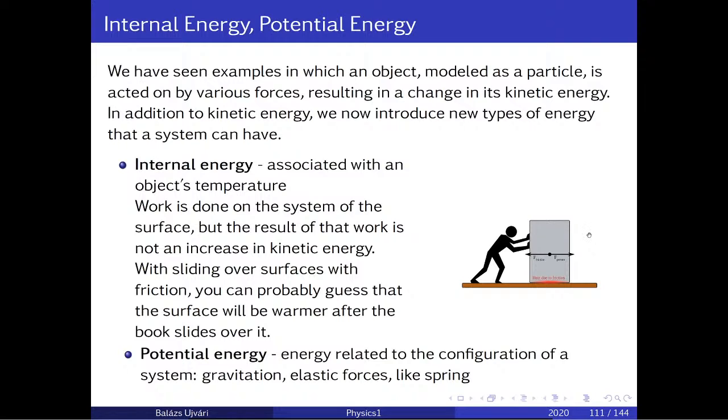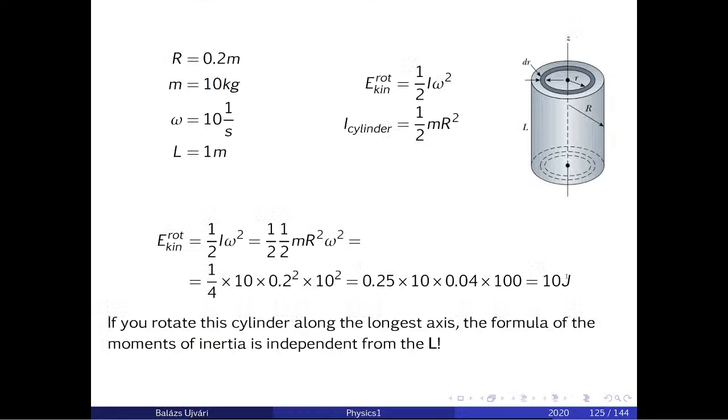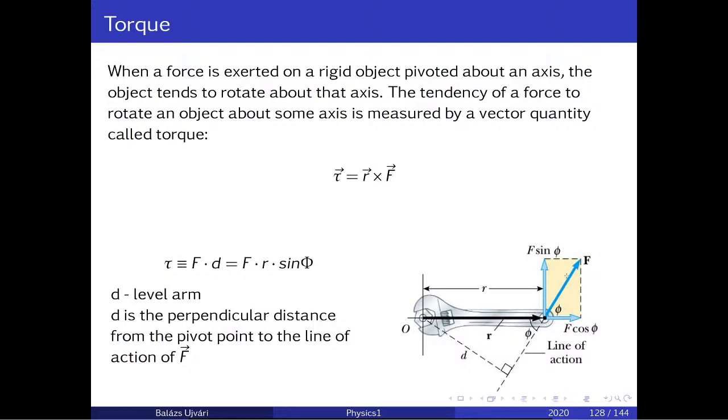So if there is a translation and we have friction, we lose some work, because some part of the work will be transferred into internal energy, will be transferred to heat, and not only for kinetic energy. But in this case, that's kinetic friction, but the pure rolling of a wheel, this is static friction.